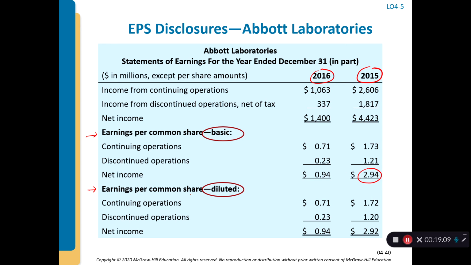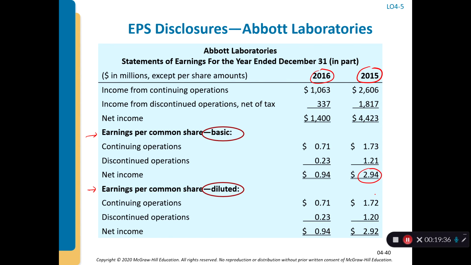But once you consider the potential securities, options, or instruments out there that could increase outstanding shares, we find that the continuing operations earnings per share decreased from 1.73 to 1.72, and discontinued operations earnings per share decreased another 0.01 as well, right?